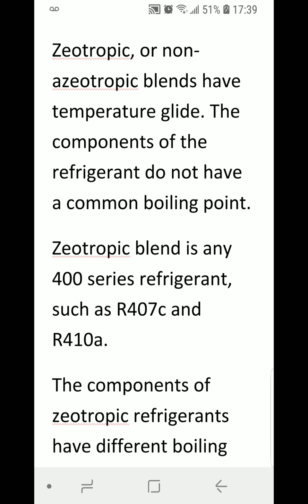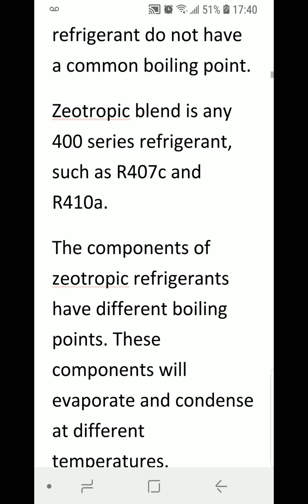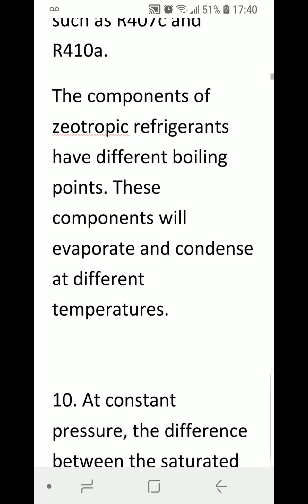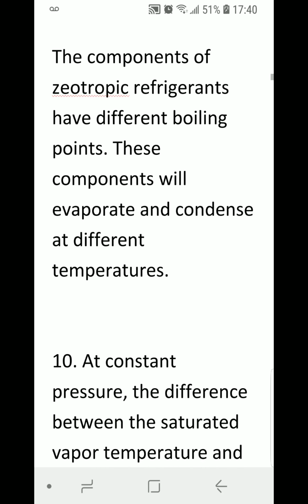A zeotropic blend is any 400 series refrigerant such as R407C, R410A, R404, etc. The components of zeotropic refrigerants have different boiling points, and these components will evaporate and condense at different temperatures as well.